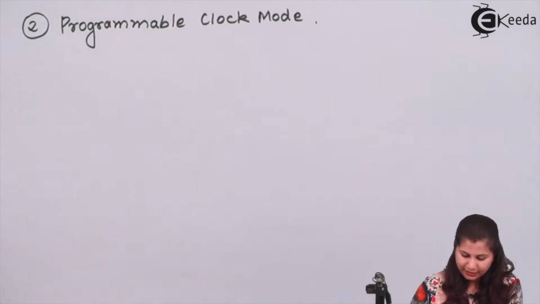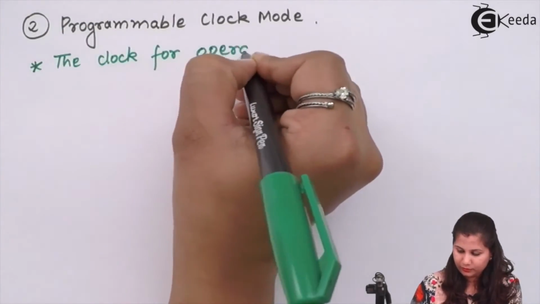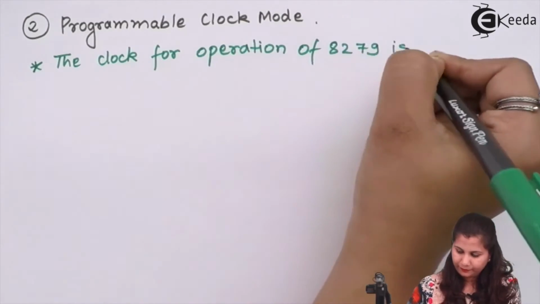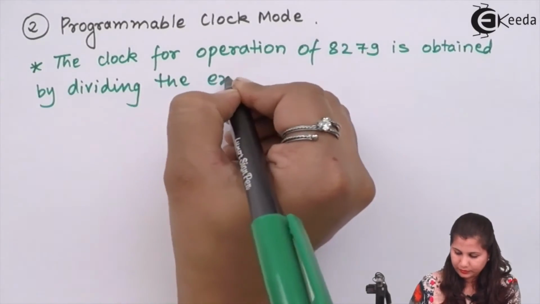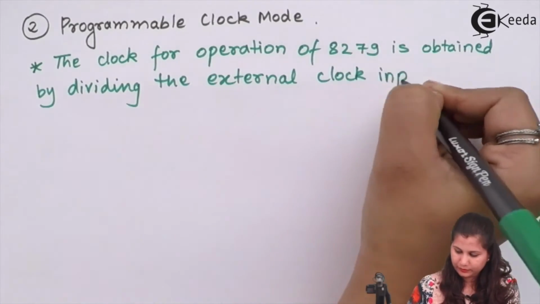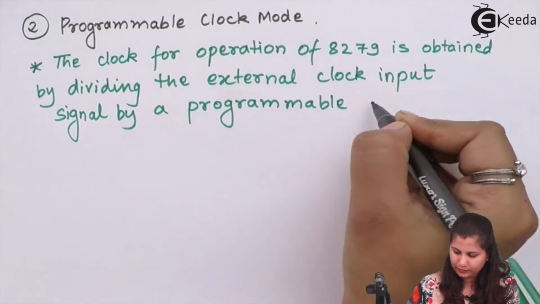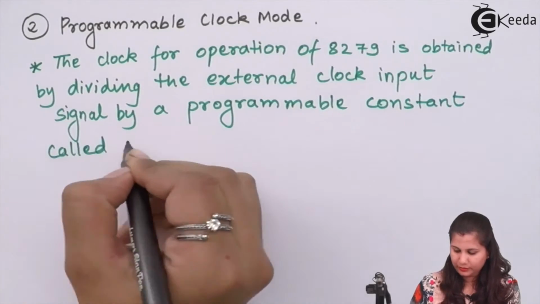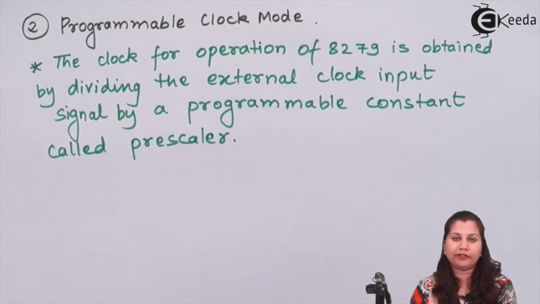Okay, so we can say here that whenever an external frequency is provided to the device, then the device is going to divide it by some constant value, so that it will obtain the input clock frequency.